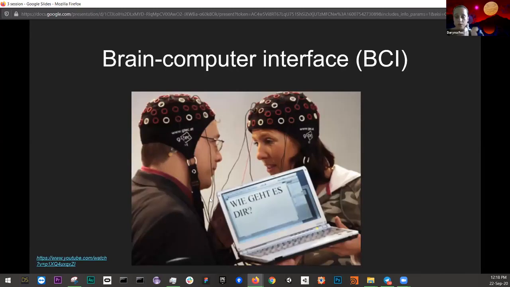So we will talk about several techniques quite popular now, but still in a development phase. The first is brain-computer interface or neural networks.